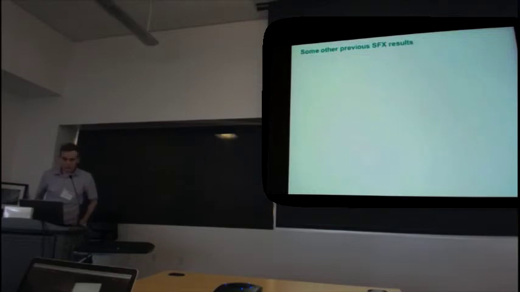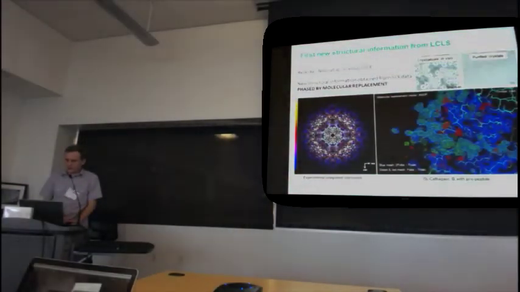And now I would like to show some other SFX results. So the first new structural information obtained from LCLS, from the SFX data, from CatB crystals, which were crystallized in vivo and phased by molecular replacement.